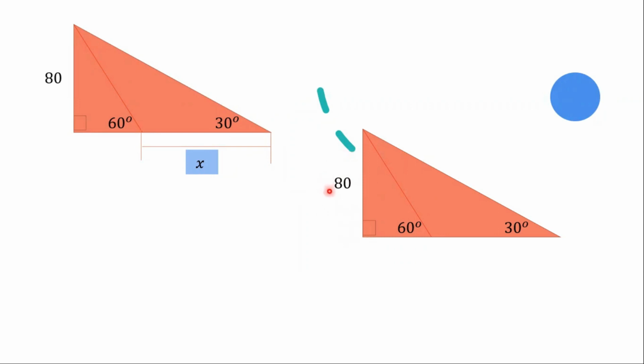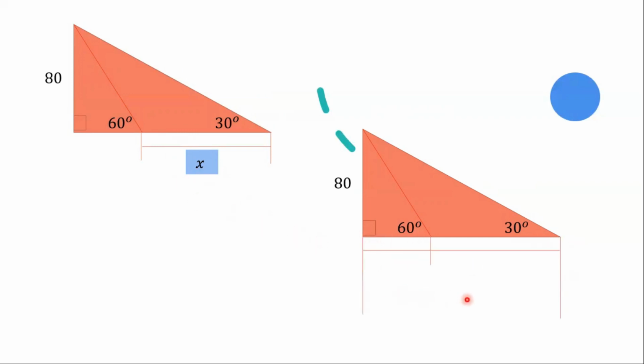We also have a bigger right triangle with this side as the opposite side. So we solve for the hypotenuse of the bigger right triangle, and we also solve for this side of the bigger right triangle, and for this side of the smaller right triangle, and we subtract: the bigger length minus this, we get x.